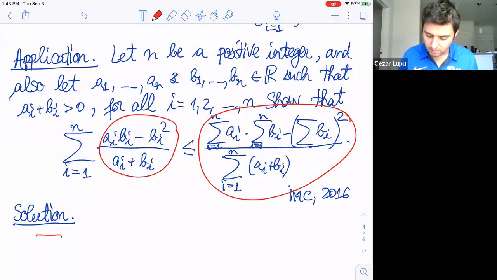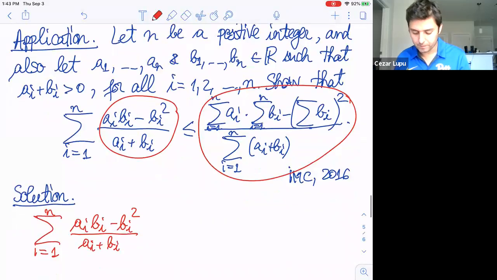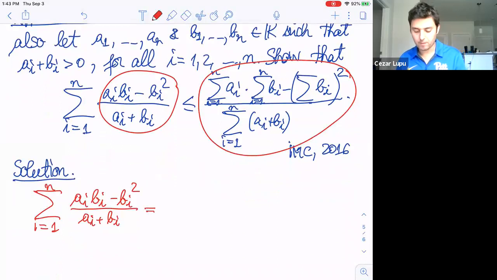Let me look at this guy. In fact, let me write it in red: a_i b_i minus b_i squared, everything over a_i plus b_i. And now what I'm going to do is the following, because I'm trying to get rid of the denominator a_i plus b_i.